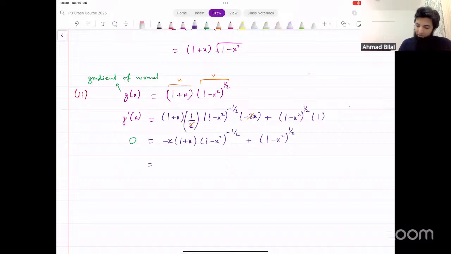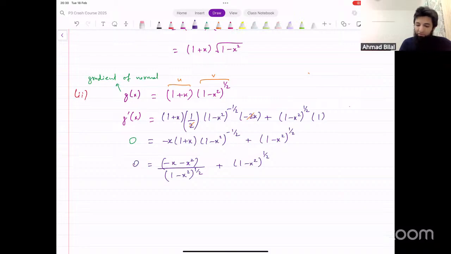Okay, what do we do now? We have minus x squared from this. This is 1 minus x squared power minus 1 over 2. We can write that in the denominator. 1 minus x squared power 1 over 2 plus 1 minus x squared power 1 over 2.